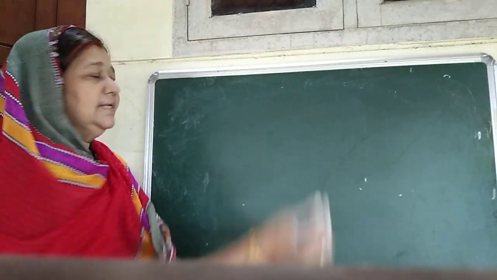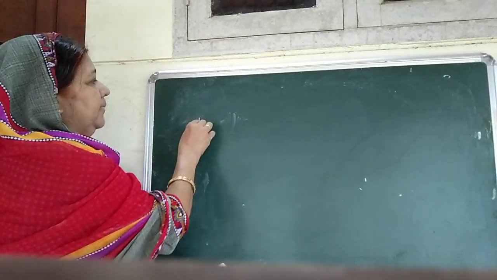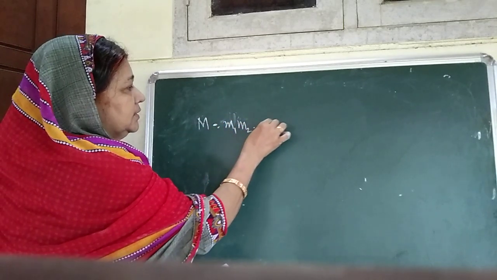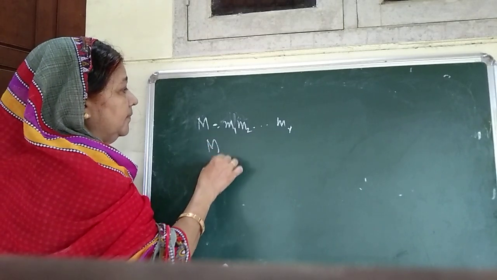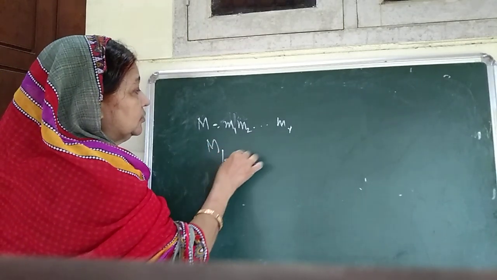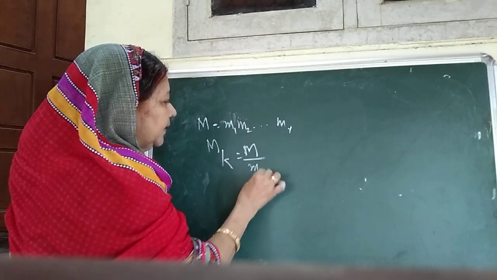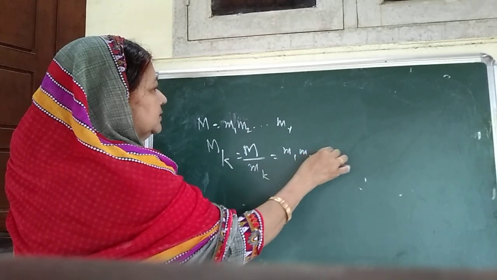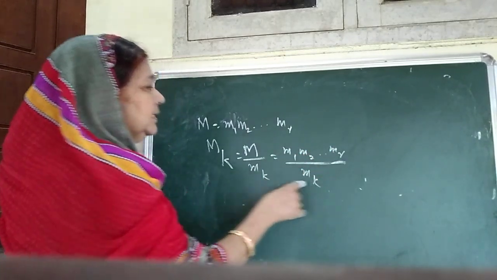For that, let us consider capital M equal to m1 into m2 into etc. mr. Take capital Mk equal to M by small mk, that means m1 into m2 into etc. mr by mk.